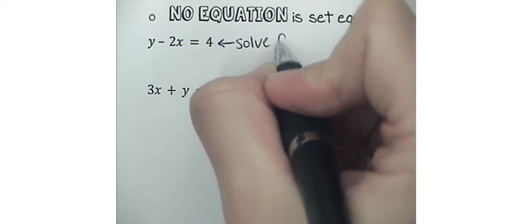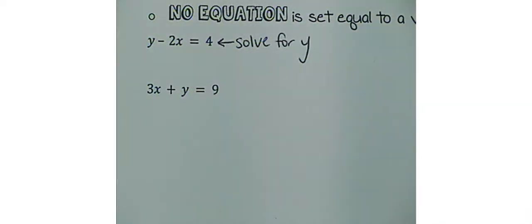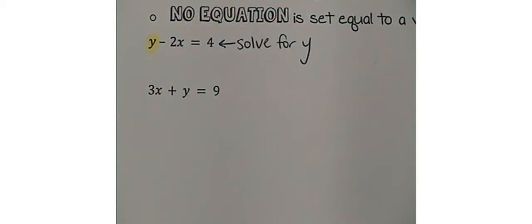So let's solve for y. What that means is we want to get this y by itself, similar to converting it to slope-intercept form. So add 2x, these cancel.